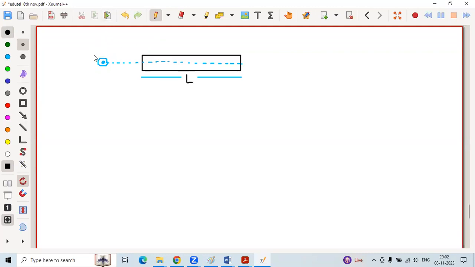Listen carefully. Here there is a small m, a small point mass, and this is the capital mass. The question is, what is the gravitational force of attraction between them? Or they can also ask, find the gravitational field intensity.